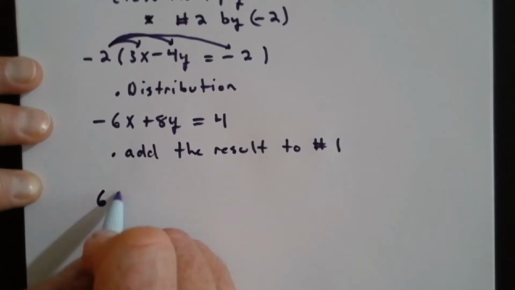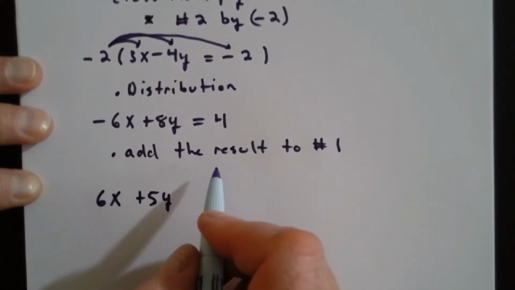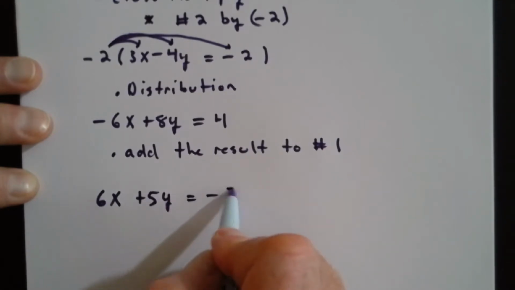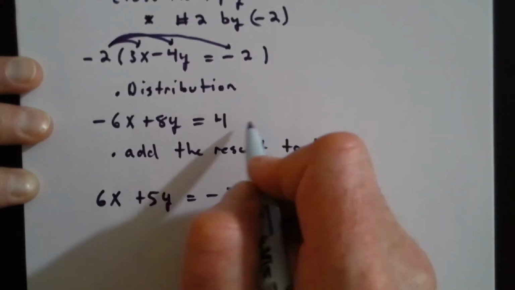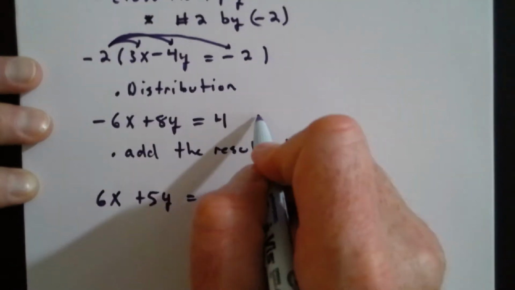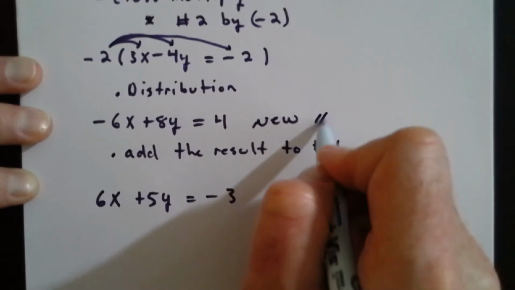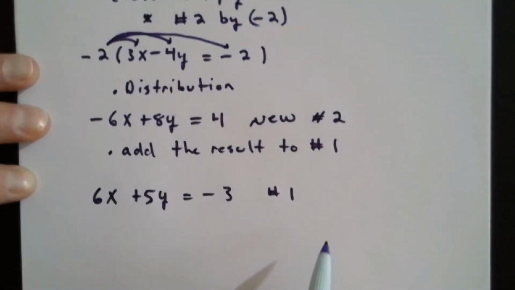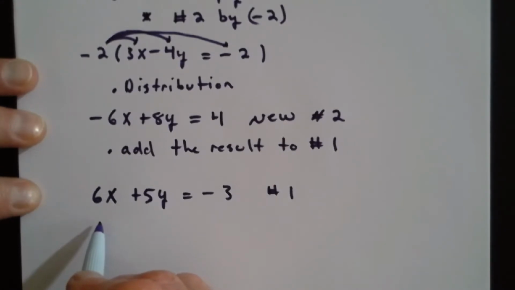So we have 6x and so we add the new number 2 to this.